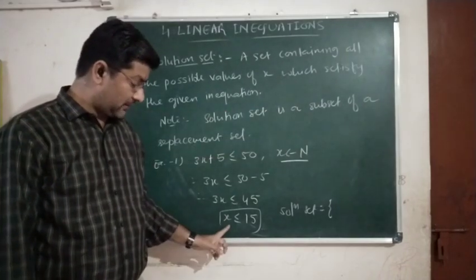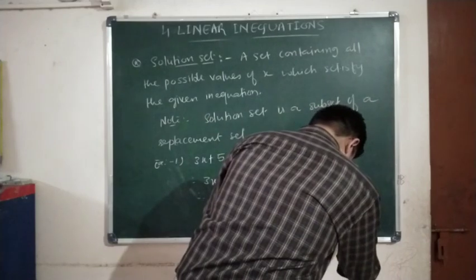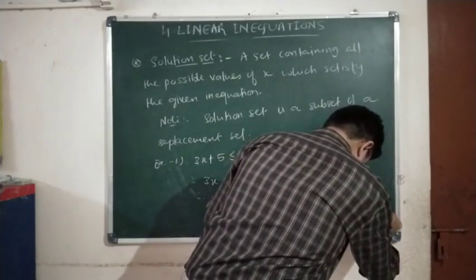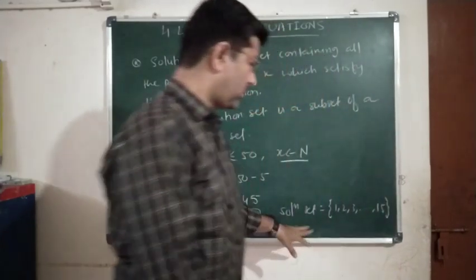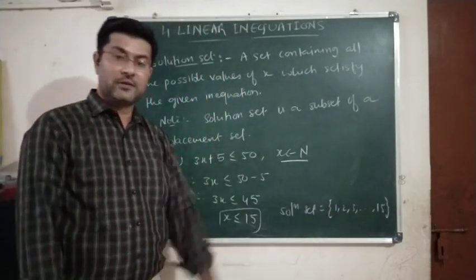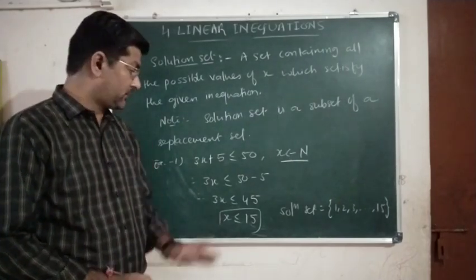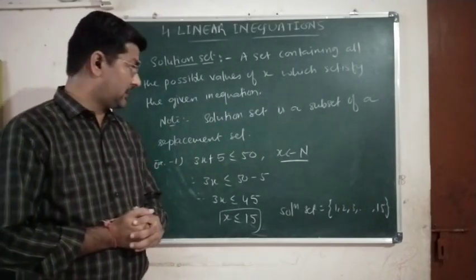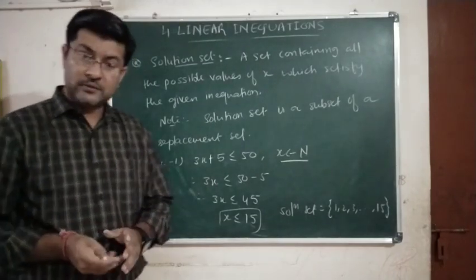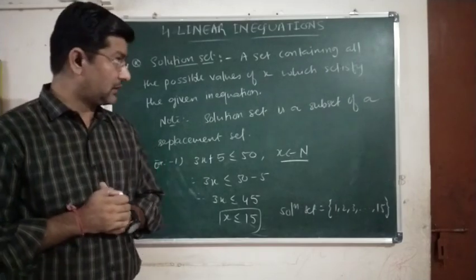So what values will come? 1 to 15. Yes or no? So 1, 2, 3, and the last value will be 15. So all these values satisfy the given inequation. Therefore these are called the solutions, all the possible solutions for a given inequation. Clear? So I hope you are clear with what a replacement set is and what a solution set is.